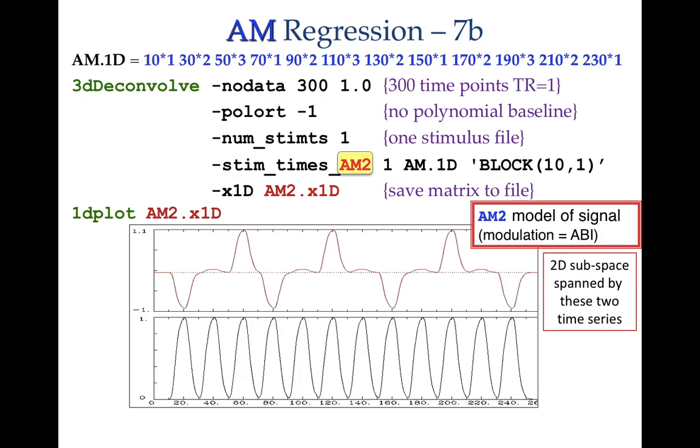AM2 regression is done in the same way, except the AM1 on the previous slide is replaced with AM2, and we produce this output matrix. The matrix now has two columns, because that's what AM2 means. The first regressor, the bottom curve, is the standard regressor. Up, down, up, down. It doesn't care about the ABI. The second regressor is not like the regressor on the previous page.